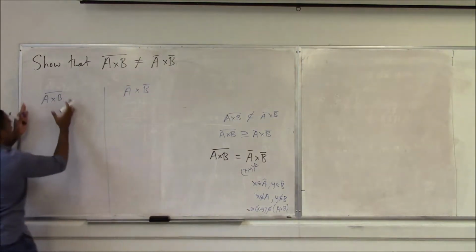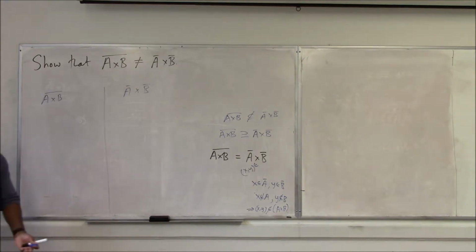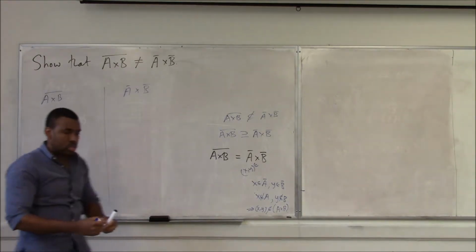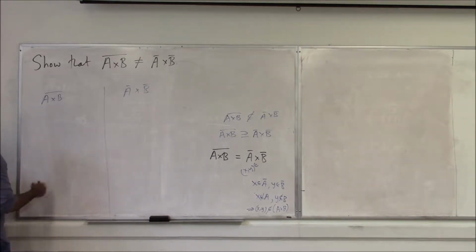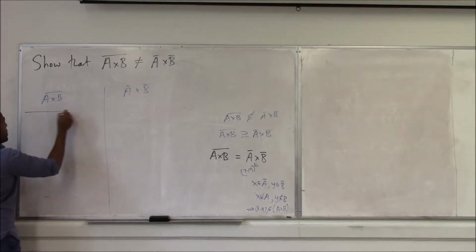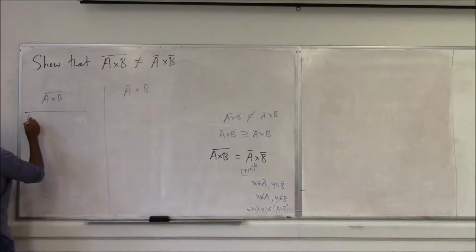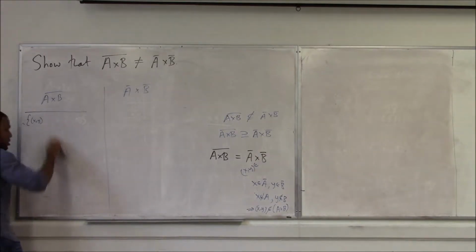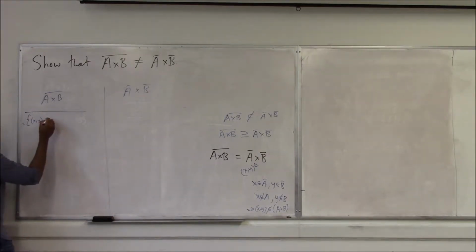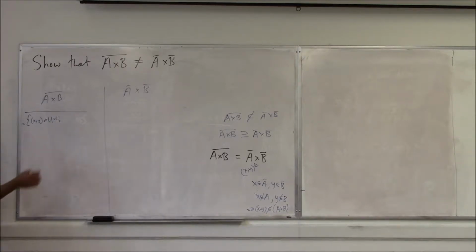We actually fleshed out what this meant, and we wrote it down as sets and came up with two statements that would make it true, right? So we said this was the complement of the set of all (x, y) such that, and of course the (x, y) are in some universal set U cross U. And this might be the universal set for A and the universal set for B. They could potentially be different, but let's not get too much into that.